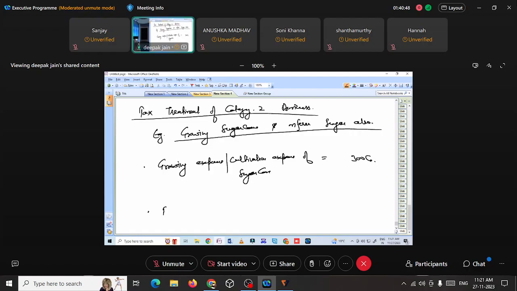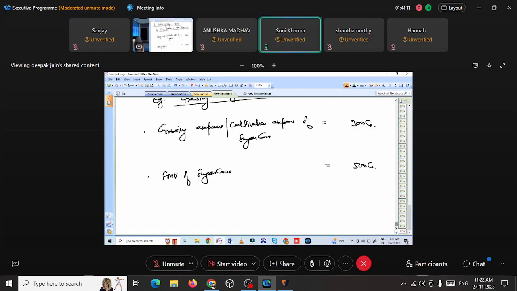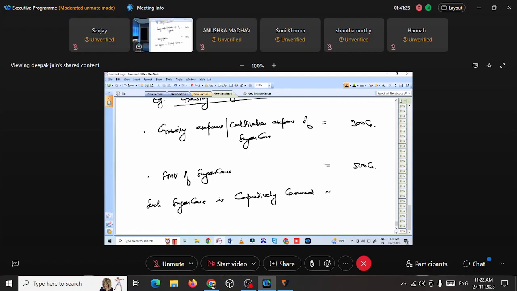Fair market value of sugarcane: had the sugarcane been sold out in market, it can be sold out for 500 crore. But such sugarcane is captively consumed in factory.